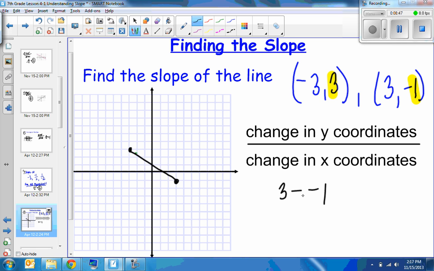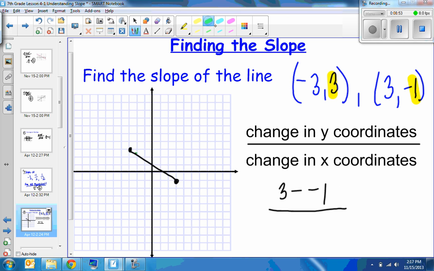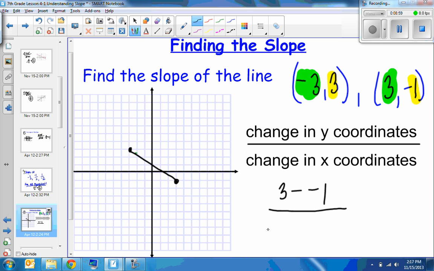Notice I put minus and my negative sign. And then I'm going to look at my change in x. So my x values are negative 3 and 3. So I'm going to put negative 3 minus 3. Since I started with this ordered pair, I have to start with this ordered pair each time. So 3 minus negative 1, negative 3 minus 3.